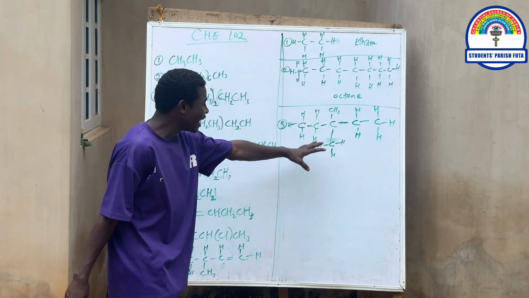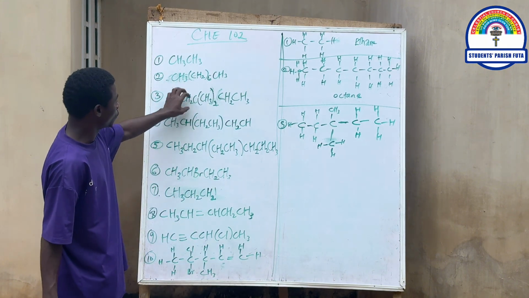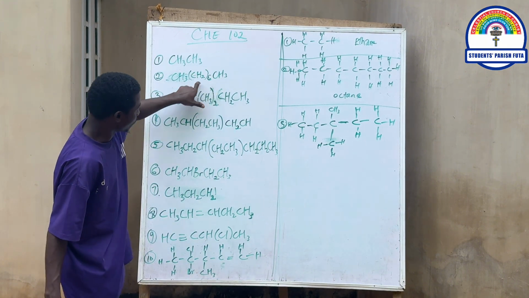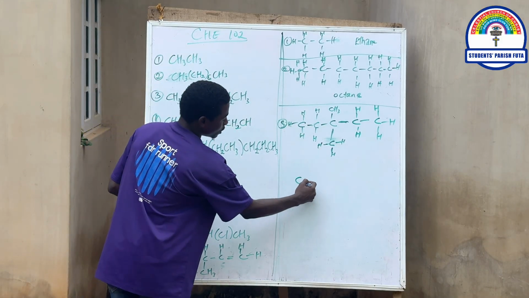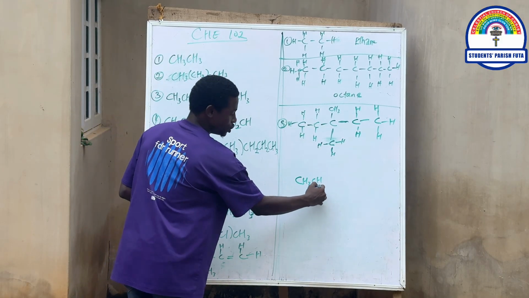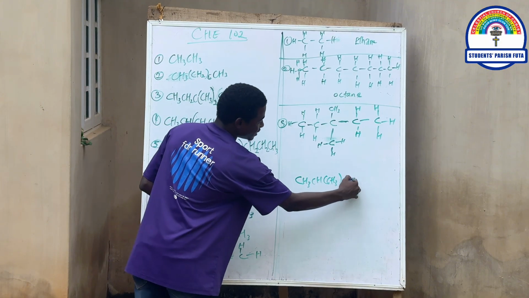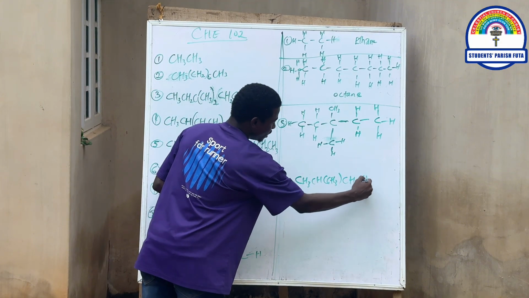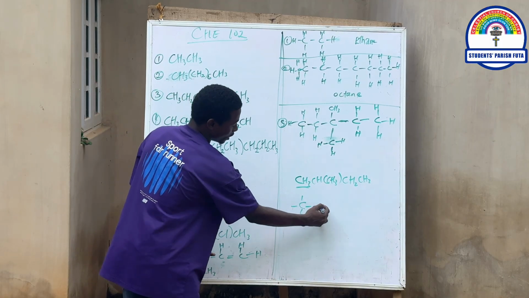But if it is at the center, it only has 2 bonding. So that's why it is either having H2 for those 2 bonding, or CH3 for those 2 bonding, or sometimes it can be CH. Let's assume this is CH3, CH, CH3, CH2, CH3. So you see this CH3, it is the one starting, so it can have 3 bonds to exercise itself.